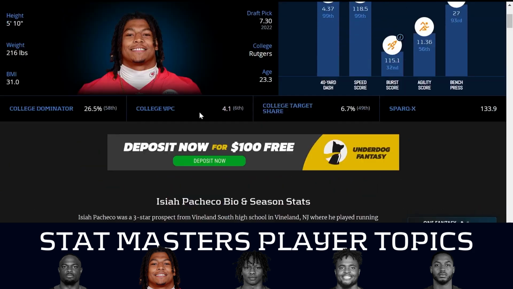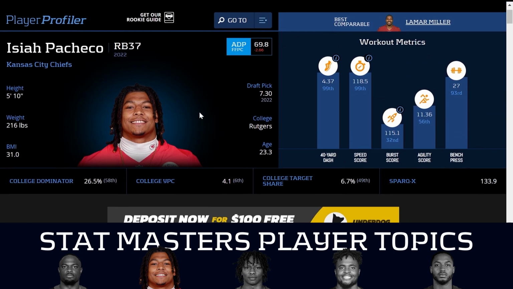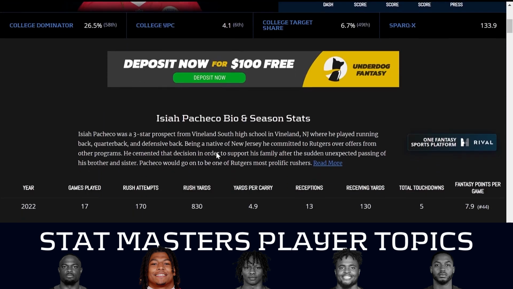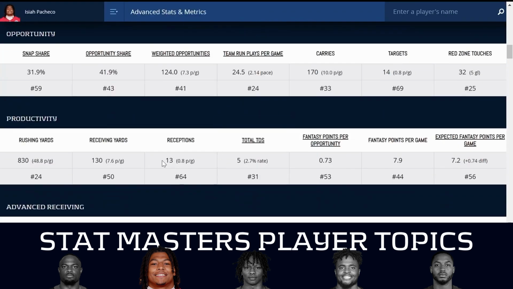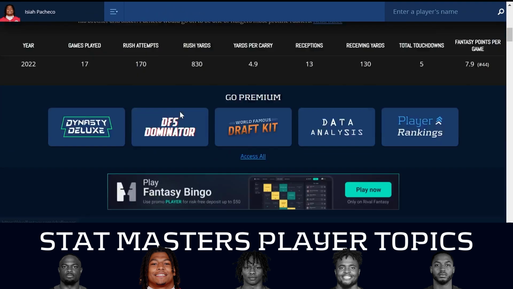They could be viewed as flawed players. At their cost, you hit it perfectly when he's in the 6th round and you've still got great players on the board. You can't draft the running back that had a 2.3% target share. I know that Underdog has PPR, but still 2.3%, abysmal.